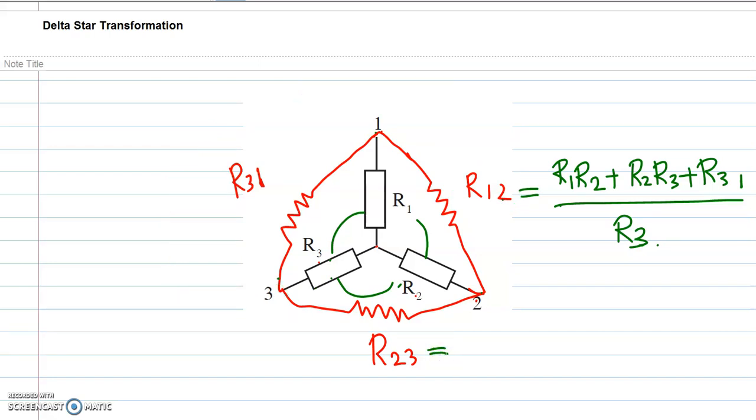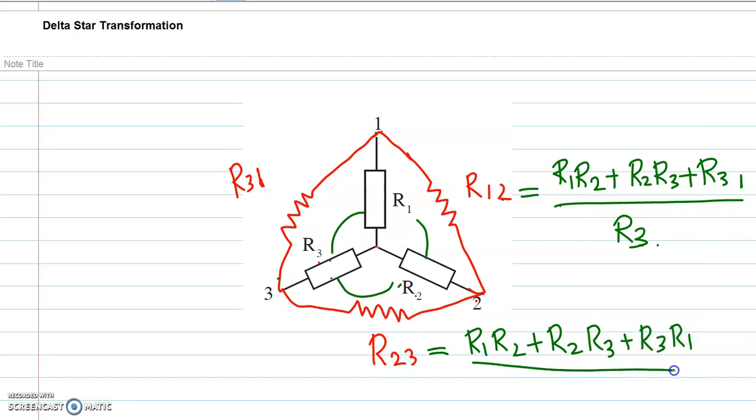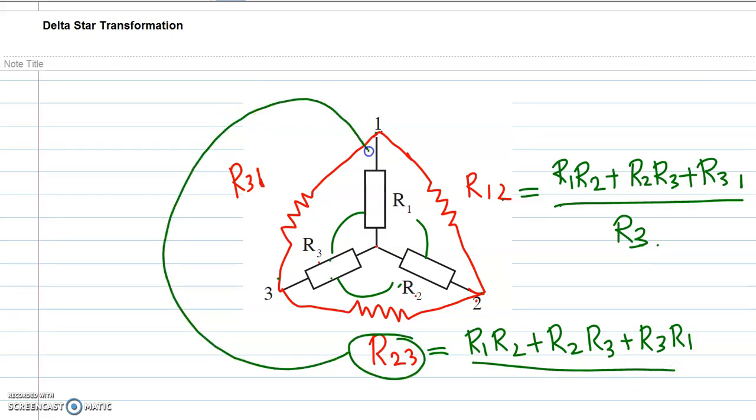R23, in a similar way, will be R1 R2 plus R2 R3 plus R3 R1 divided by the resistance opposite to R23, that is R1, the resistance which is connected to neither 2 nor 3.